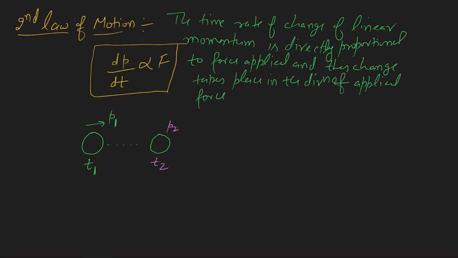So the rate of the change of the linear momentum will be proportional to the applied force. So the applied force will be equal to p2 minus p1 with respect to time. So this is the second law of motion.